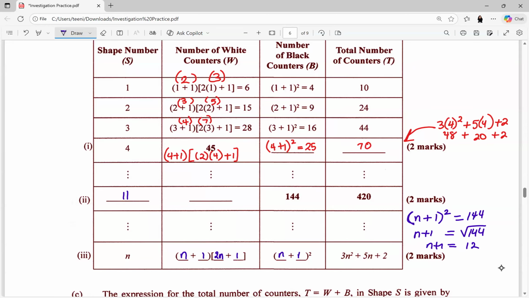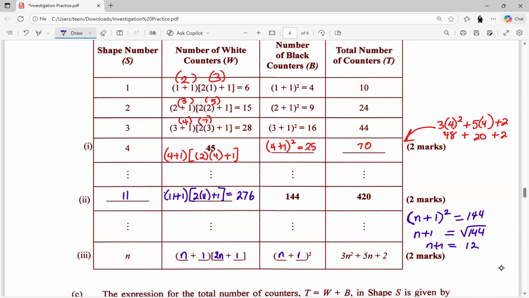To get the number of white counters, let's substitute the values there. It's 11 plus 1, that's 12. Multiply by 2 times 11 plus 1, which would be, well, 11 plus 1 is 12. 2 times 11 is 22 plus 1, which is 23, and 23 times 12 is 276.